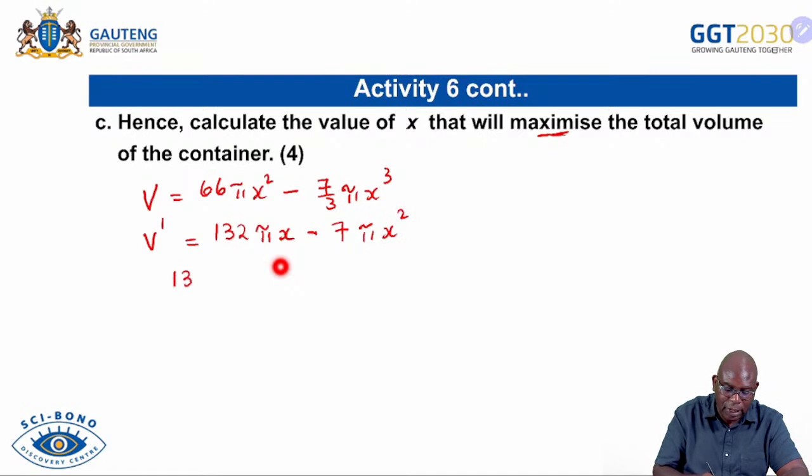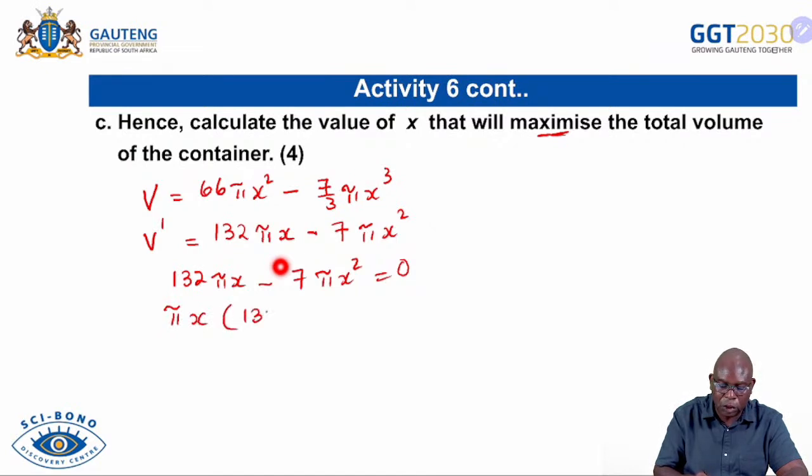Then the whole thing is equated to 0. So I've got 132 pi x minus 7 pi x squared equals 0. Then I take out a common factor, my common factor there will be pi x. Inside there, I'll have 132.